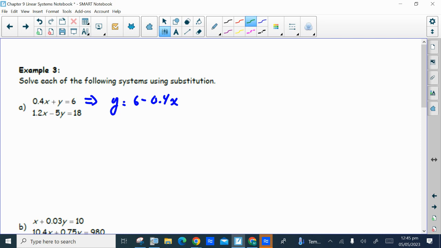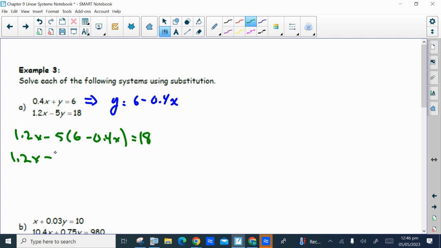So we take that and sub it in for y in the other equation. Instead of 5 times y, it'll be 5 times 6, take away 0.4x. So again, you're substituting what you found y to equal into y in the other equation.